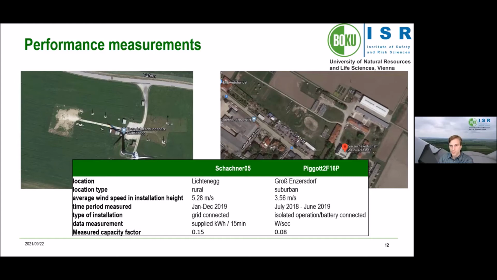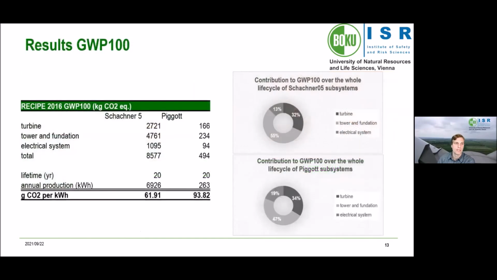Okay, and what did we get out of it? So let's look first at the global warming potential in kilograms of CO2 equivalent. So of course, the Schaffner turbine is always 1 order of magnitude higher than the Piggott turbine, because it's also 1 magnitude of rated power higher.